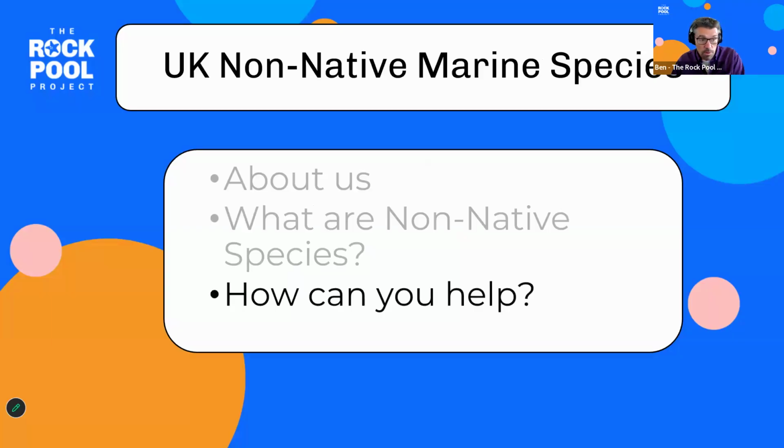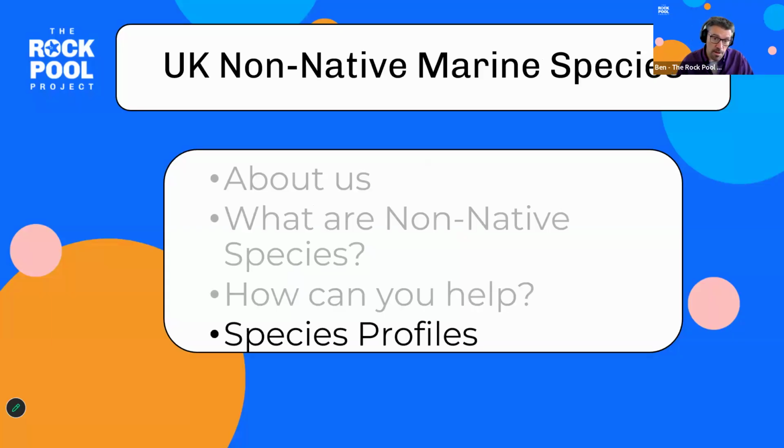After that, we will look at species profiles of some of the most common non-native species that you might find across the UK and in your area. We'll look at them in quite a bit of detail in terms of how to identify them, but also in what parts of the country each particular species might be found, and a little bit about their history as well.